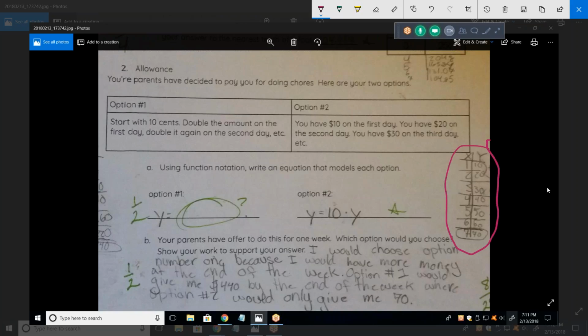You doubled the second day, but the third day needs to be double the second day, so that needs to be 40. And the fourth day needs to be double the third day. You see what's happening here? In other words, it's not just going up linearly, it's going up exponentially.